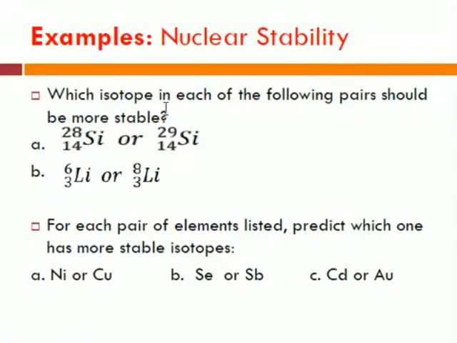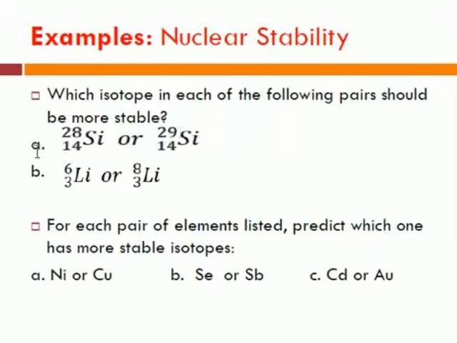The more stable one is the first silicon, because the neutron to proton ratio is 1:1 there, while the other is not 1:1.